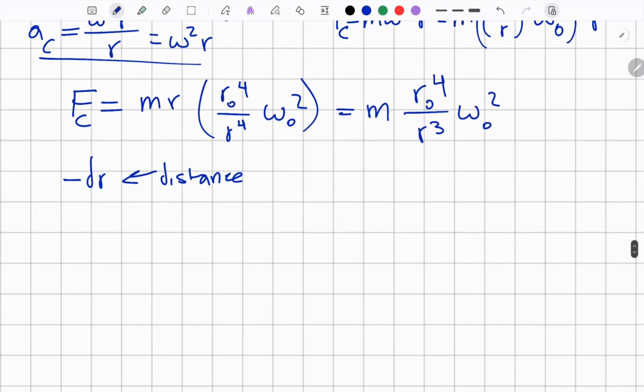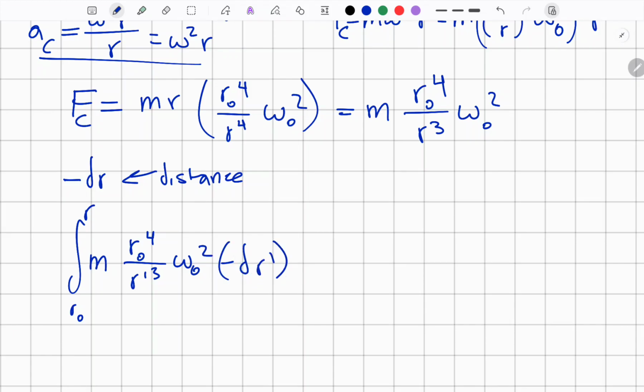Now, we can set up an integral from r naught to r of m r naught to the fourth over r prime cubed omega naught squared negative dr prime. This is just to prevent any confusion with the r up here. Evaluate from r naught to r.